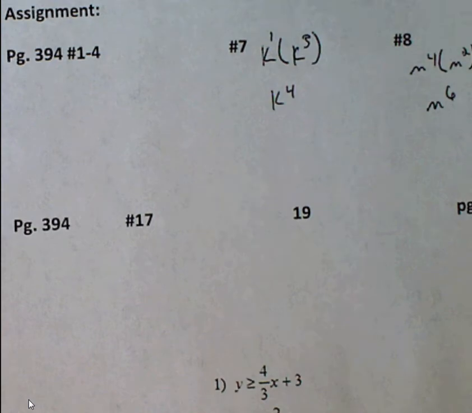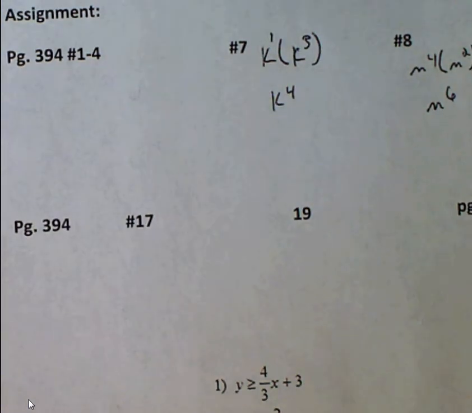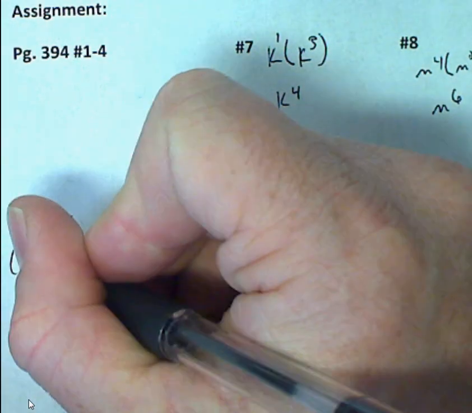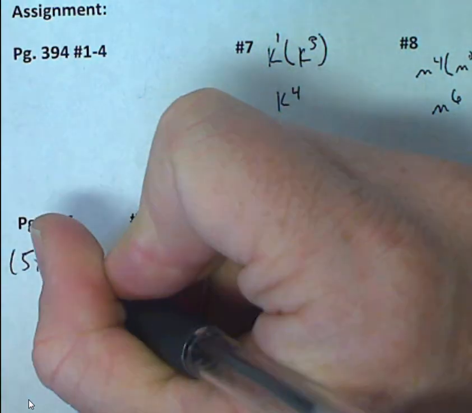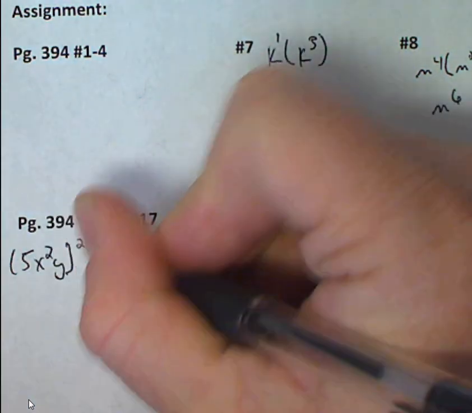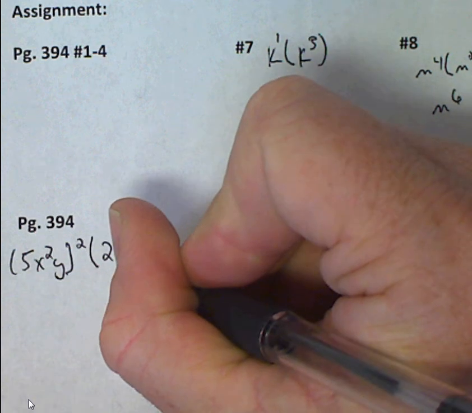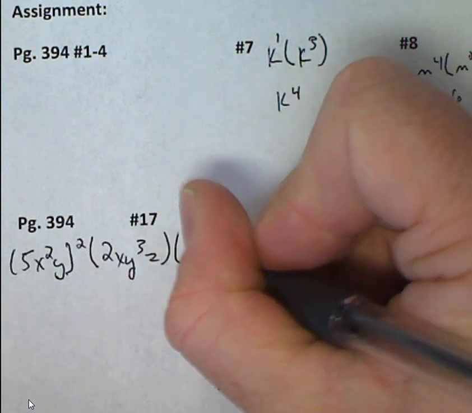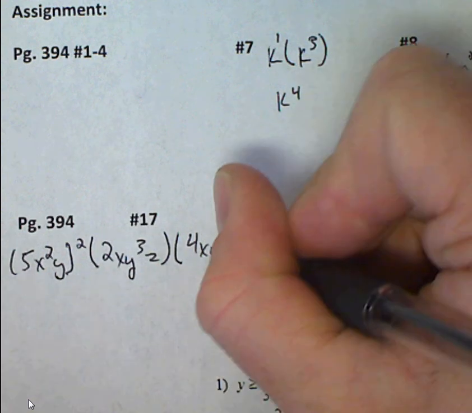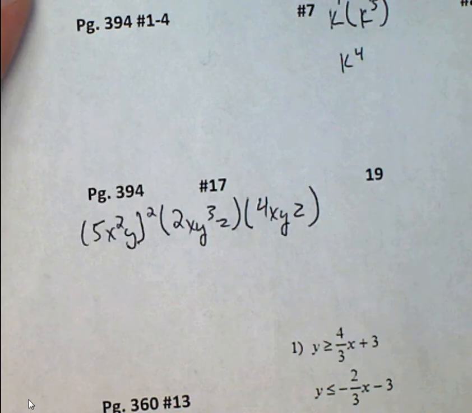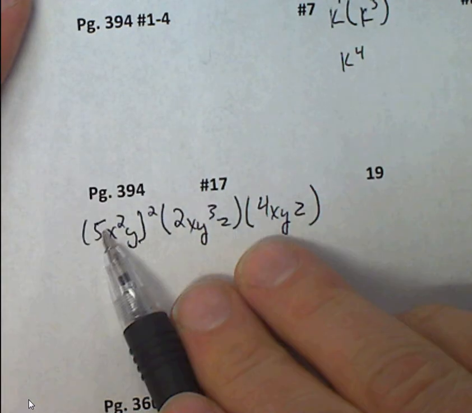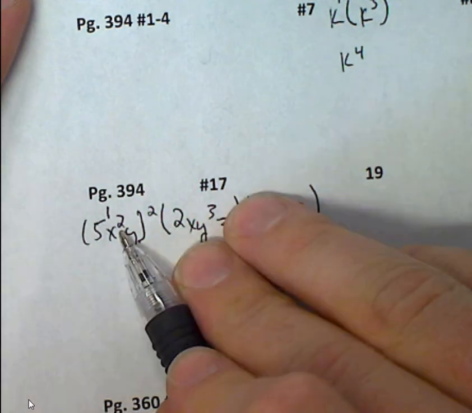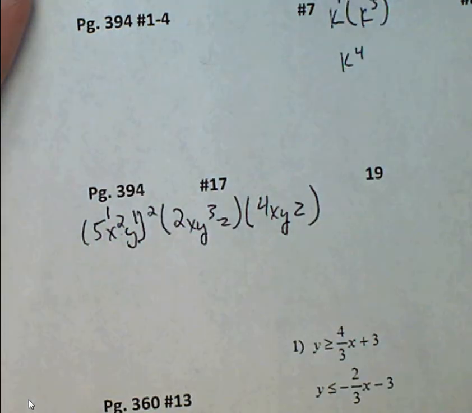Page 394, number 17. Parenthesis 5x squared y squared, 2xy to the third z, 4xyz. Okay? My 5, there's 1 5, there's 2 x's, there's 1 y.